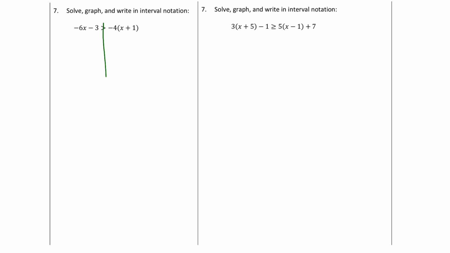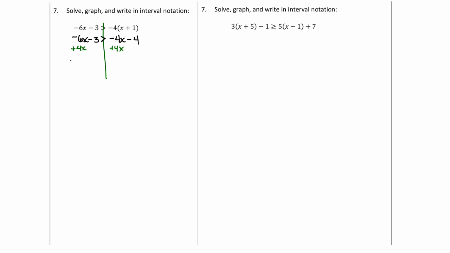Okay, here's the center. I cannot do anything on this side, but I can distribute on this side. So I'm going to leave the left exactly how it is and distribute on the right. So I get negative 4x minus 4. I have a variable on both sides, so I want to get it to the left. So add 4x.